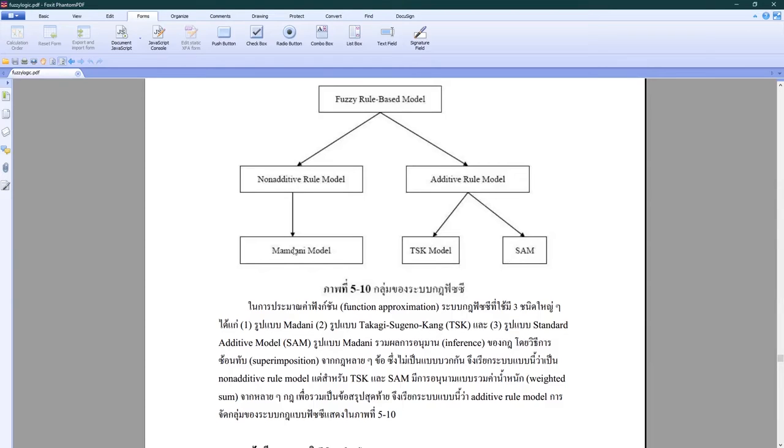The most famous method is the Mamdani method because it sets the rules by using if-then logic and doesn't have any equation. It only uses human logic, but for TSK, the output also uses if-then logic, but finally the calculation of the output must use some kind of equation.